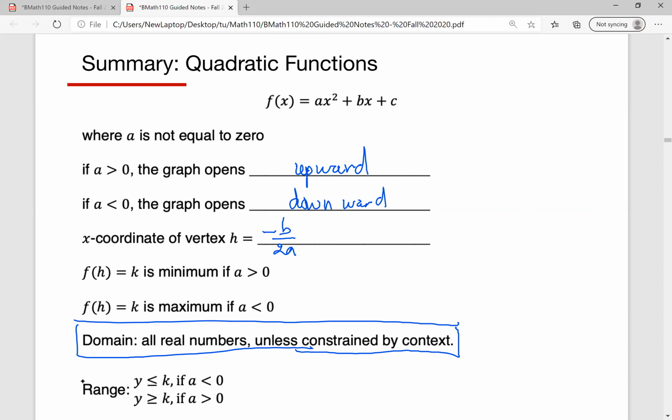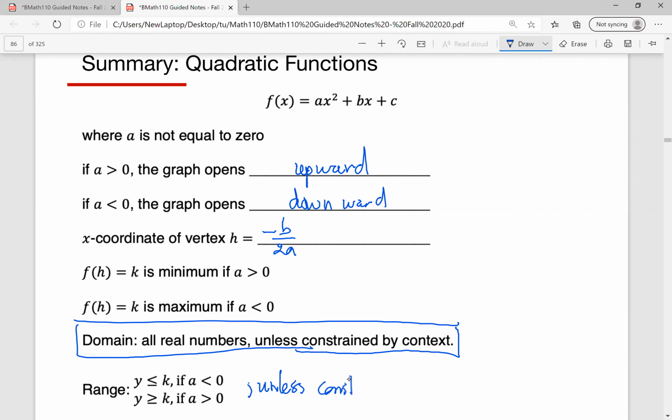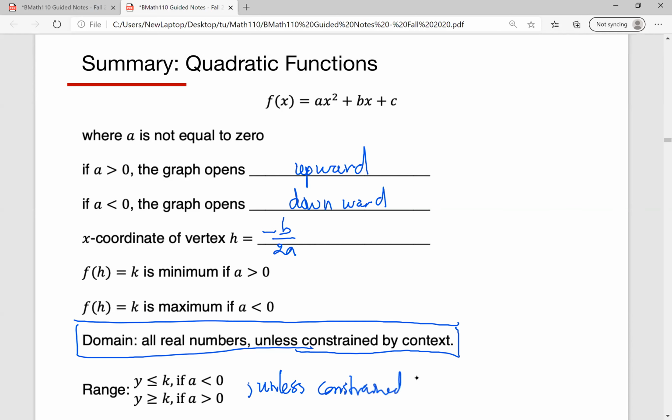Similarly, the range has to be y less than or equal to k if a is less than 0, and y greater than or equal to k if a is greater than 0. And also unless constrained by context.